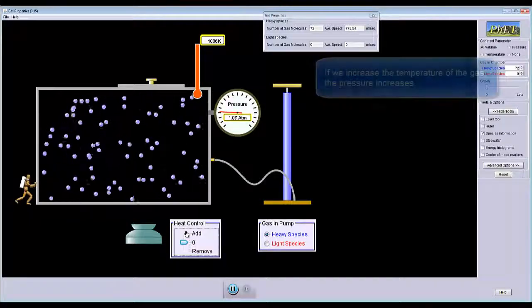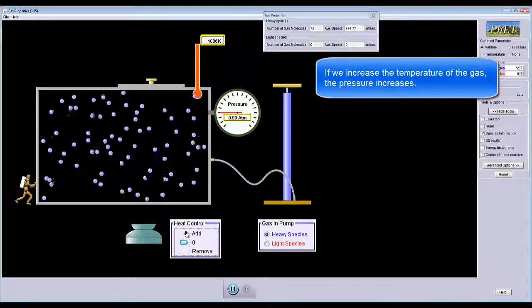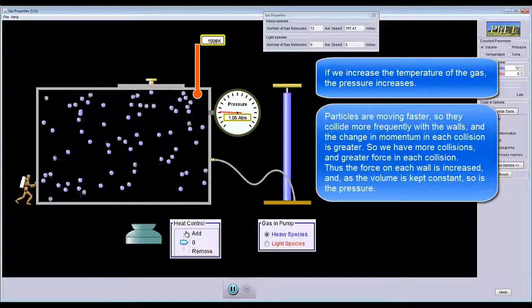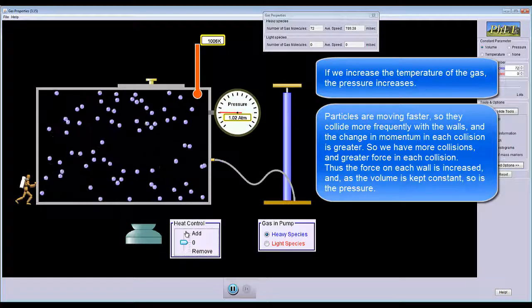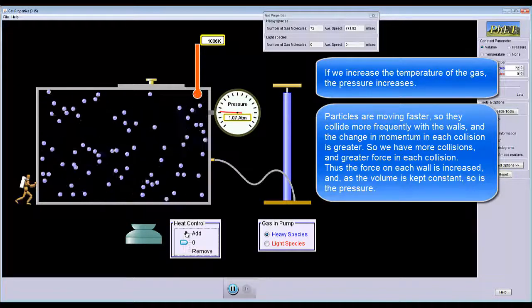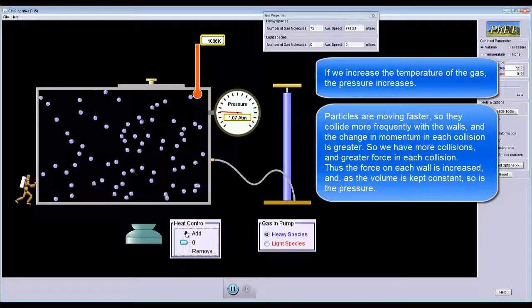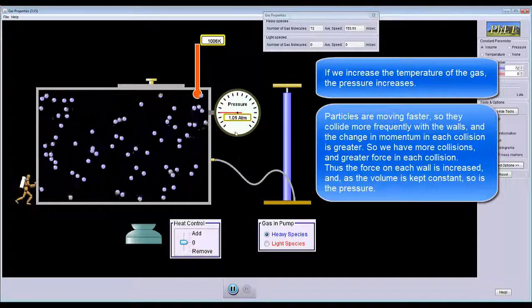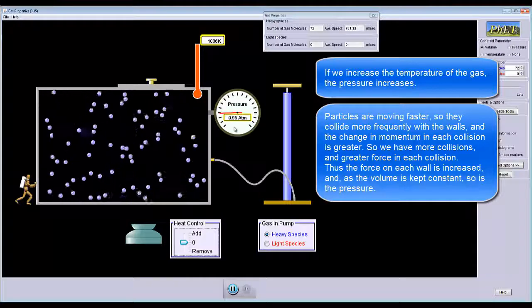And because they're traveling more quickly, they will also collide with the walls more frequently. So increasing the temperature increases both the frequency of collisions and the force of each collision. And so as we increase the temperature, we see an increase in the pressure when the volume is kept constant.